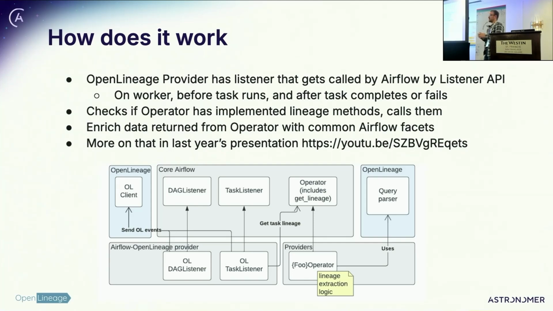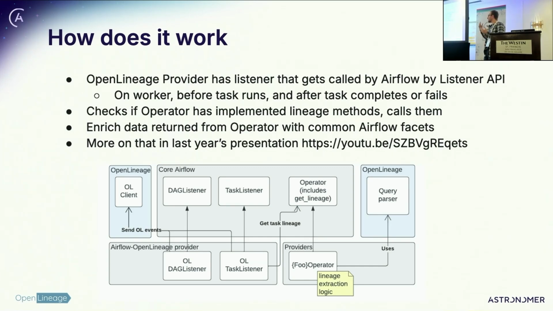It's part of the OpenLineage provider, the OpenLineage listener, and basically what it does is check if those methods exist on the operator. If the methods exist, it means that the operator implements OpenLineage, and we call them. Then the data captured by it is enriched by some common Airflow facets, like the information about when the task started, so that you don't have to embed this in your OpenLineage implementation.